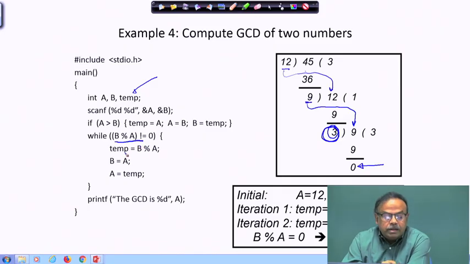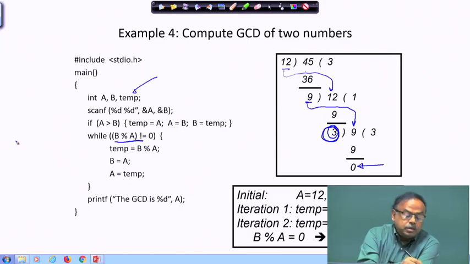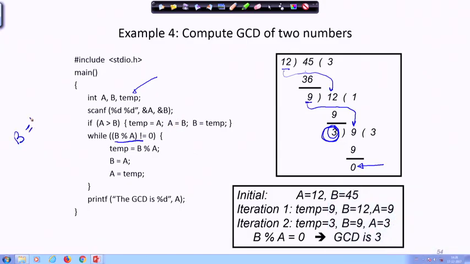Since it is not 0, I am taking temp to be the modulus. B was 45, right. So, here B was 45 and A was 12 by this point.